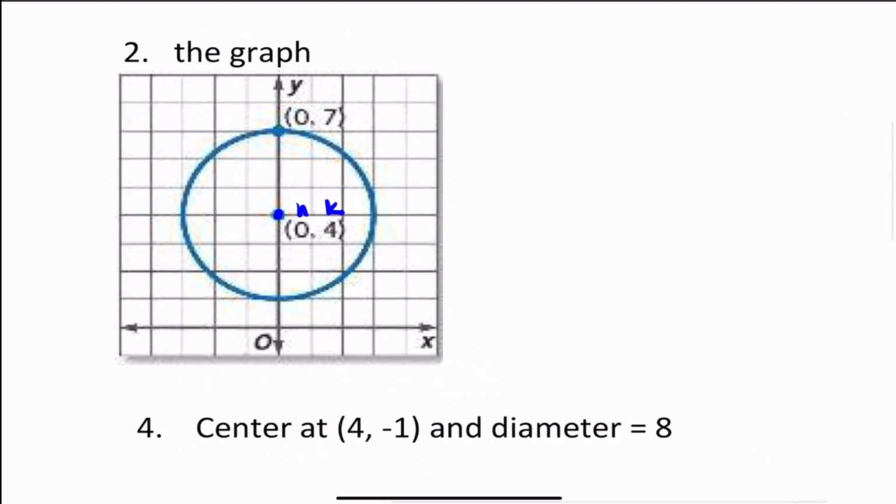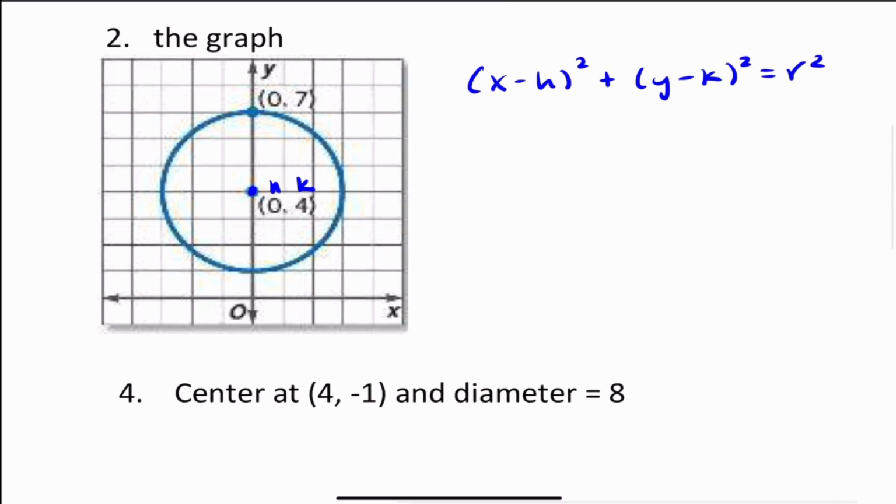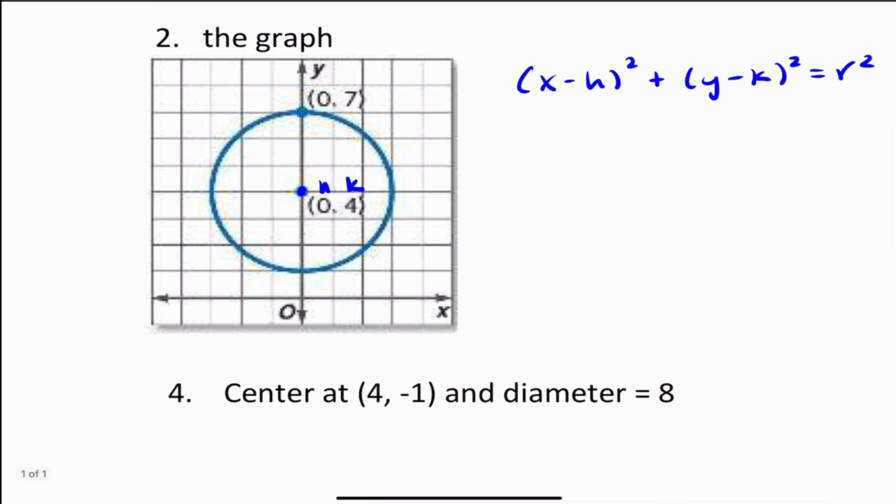So let's go ahead and write the equation again. So it's x minus h, the quantity squared, plus y minus k, the quantity squared, is equal to r squared. So what is h and k? Well, h and k is 0, 4, and your radius, by the way, it's 1, 2, 3, right? So your radius is 3. So I have x minus 0, the quantity squared, plus y minus 4, the quantity squared, equals 3 squared.